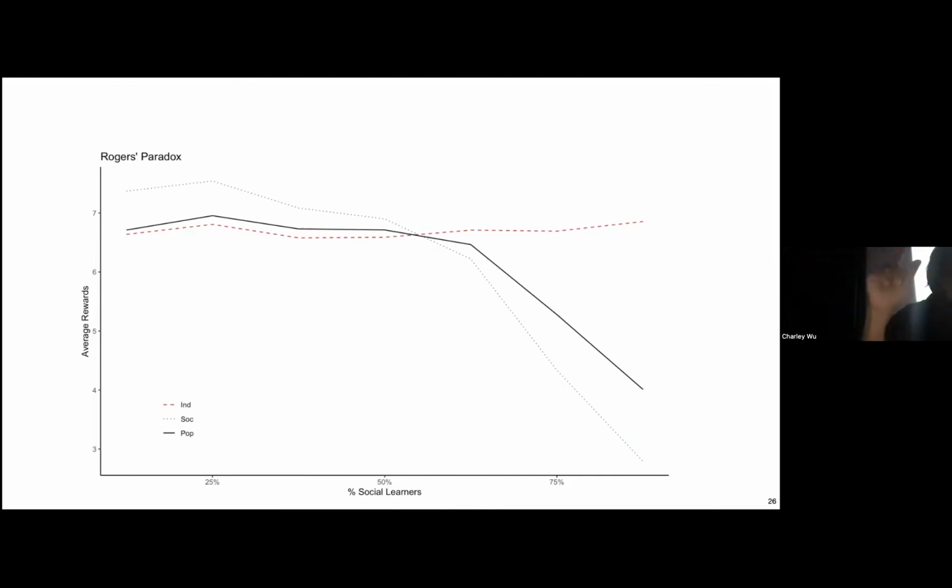So from the game theoretic point of view, other reinforcement learners might change their strategy and switch to social learning, and then gradually population performance decreases and decreases.